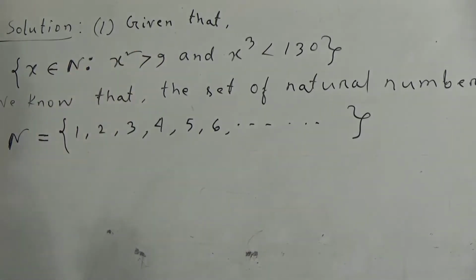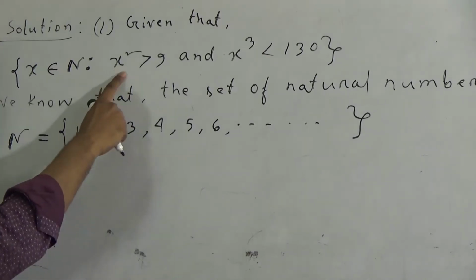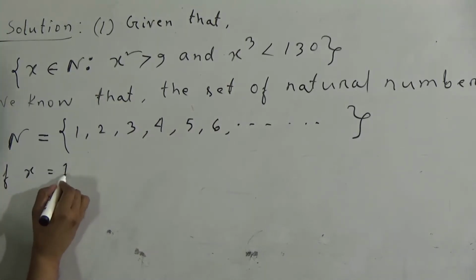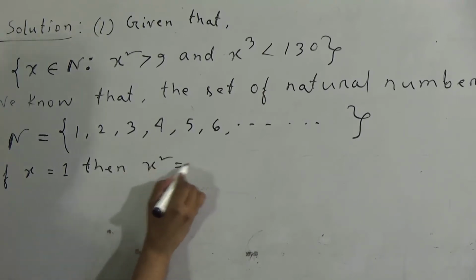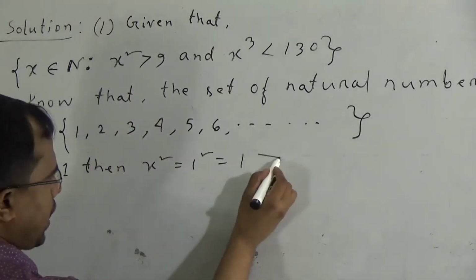Now we will check which element maintains this condition and this condition. If x equal to 1, then x square equal to 1 square equal to 1. 1 is not greater than 9.